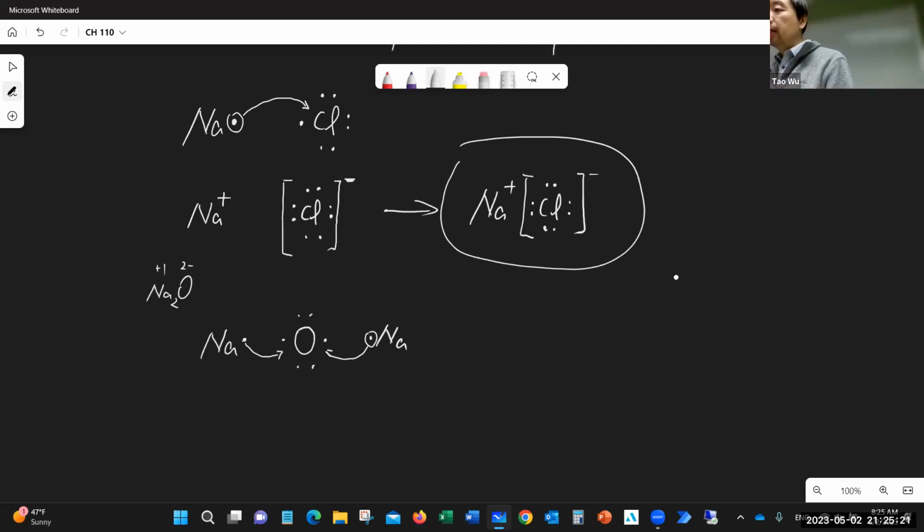So that's why it becomes a Lewis structure. The oxygen in the center has 8 valence electrons on the outside. In this case, oxygen has a 2 negative charge, and each sodium loses 1 electron. That's going to be the Lewis structure for sodium oxide.